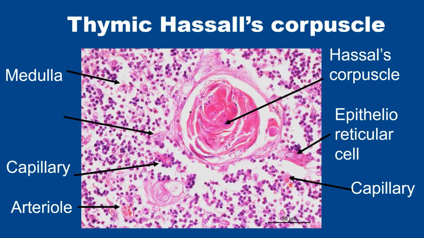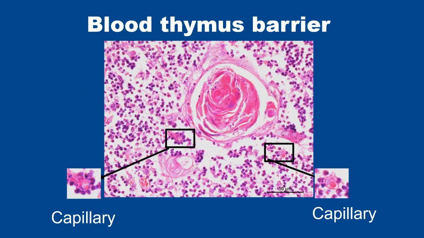There are lots of capillaries present at the junction between the medulla and the cortex. This is showing the blood capillaries of the thymus. The blood capillaries are of special nature because they are continuous capillaries.